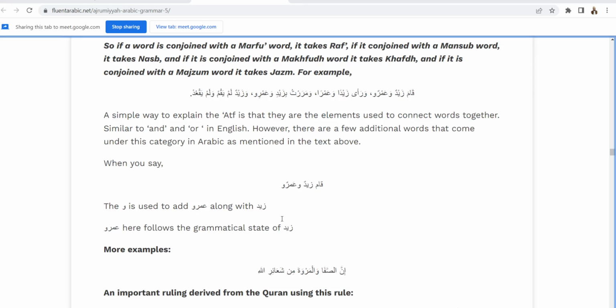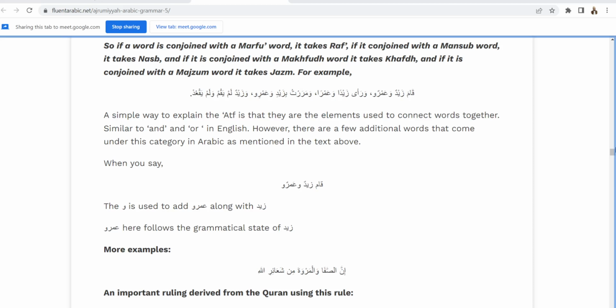It follows the state of the previous noun as it is atf. Then comes the verb amsahu, wipe, and biru'usikum, your head. It is in jar state because of the harf ba at the beginning, making it jarun and majrurun.